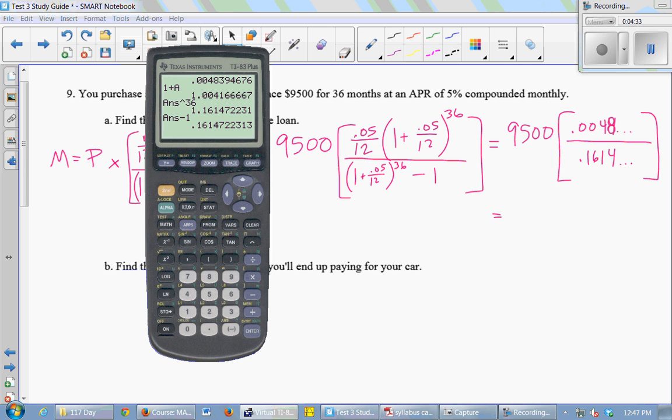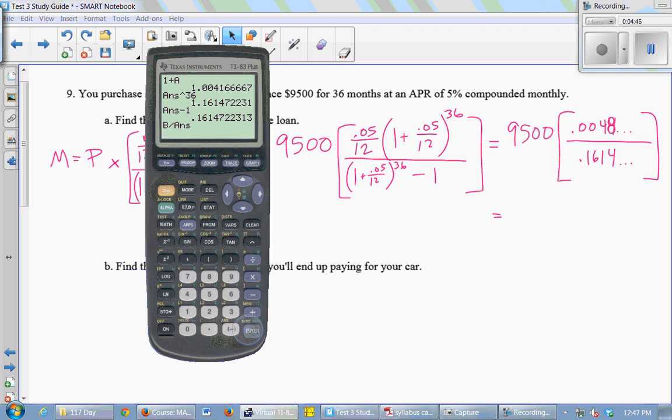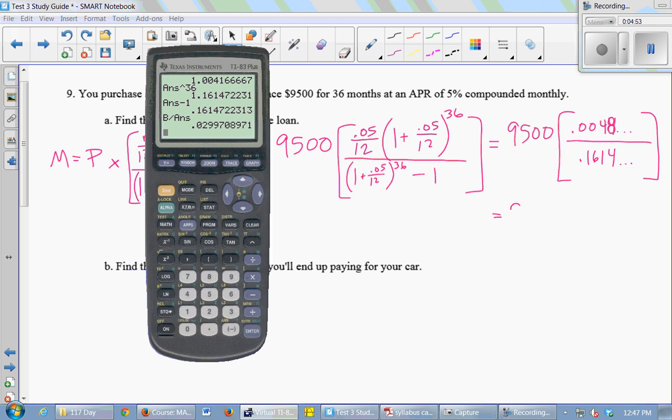So I now need to do 0.0048, which I stored as the letter B, so I'll call that back up, divided by that 0.1614, which is the last answer in my calculator. So I get 0.02997. So this is 9,500 times 0.02997, which comes out to, when I multiply by 9,500, my monthly payment is $284.72.